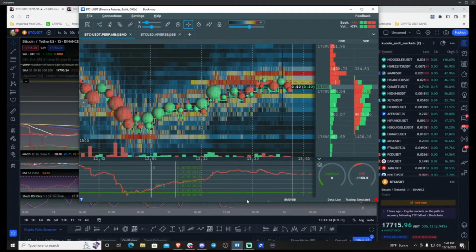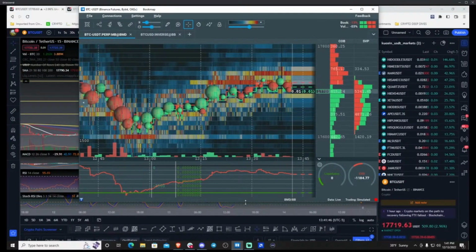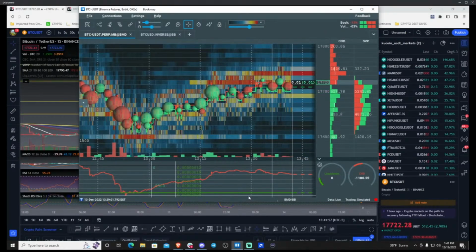All CVD does is add it together, one trade after another, so you can tell if there are more sellers than buyers overall, because it just plots it on the chart. It has nothing to do with price, it has everything to do with just the volume traded. It's like counting cards in a way.